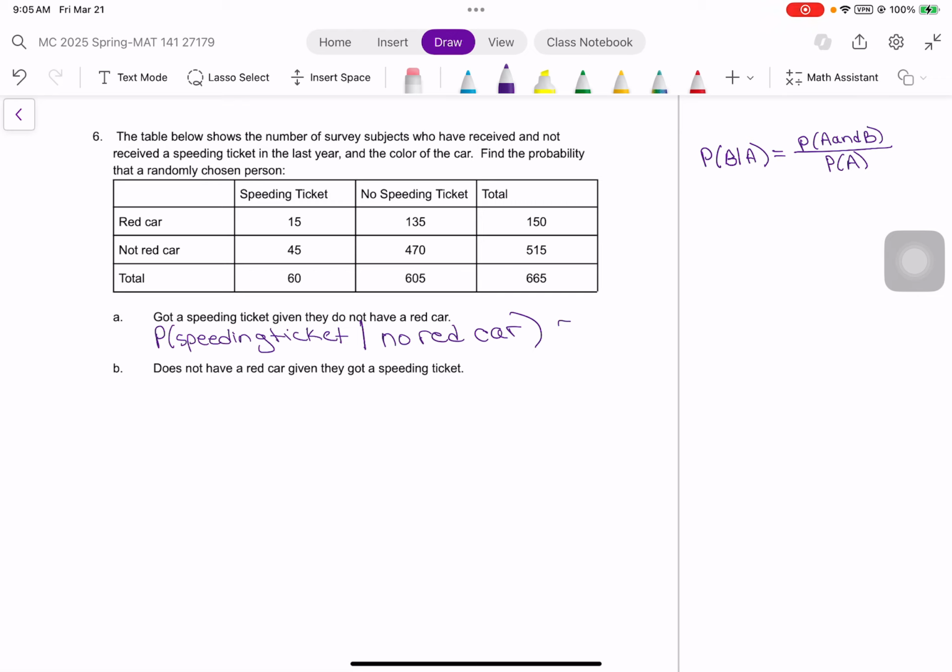Well, if we follow this probability formula, we want the probability of a speeding ticket and no red car divided by the probability of no red car.